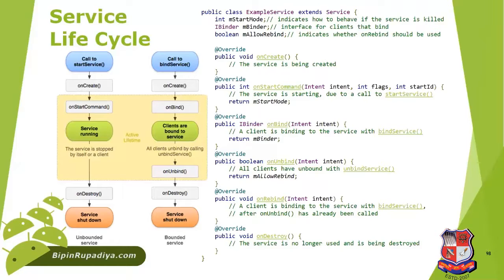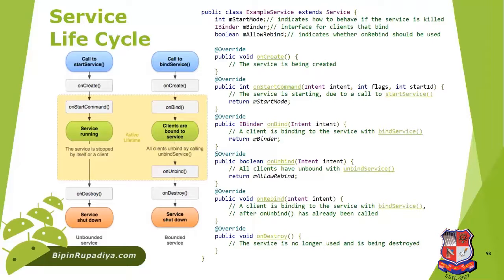But in the case of bound service, onBind is called, then the service goes into the running state, and then when onUnbind is called, the service goes into the destroy state. So according to the type of service, a number of methods are called.